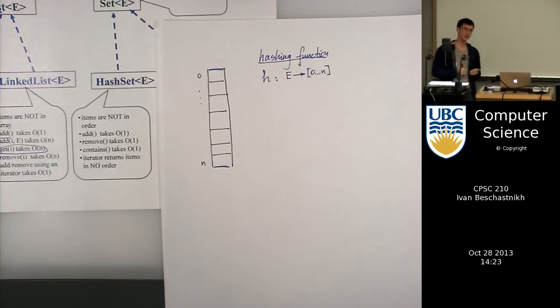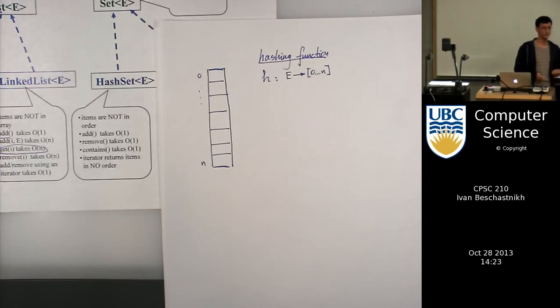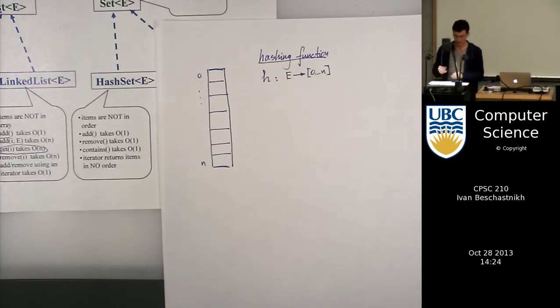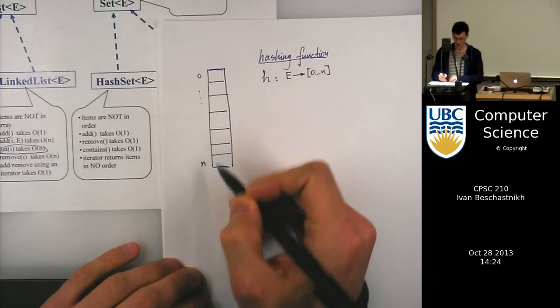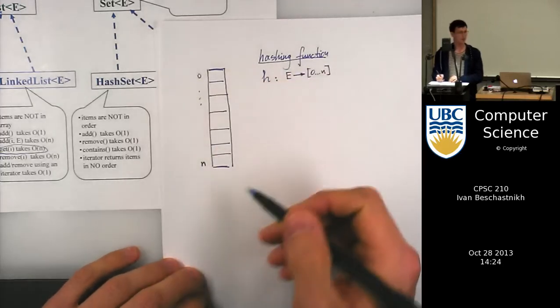So my hashing function can assign an element that I give it a location in this array. And the way it does it is doing so almost semi-randomly.